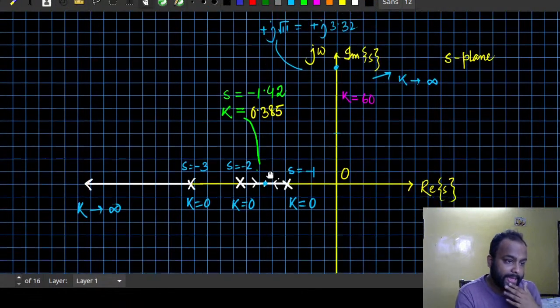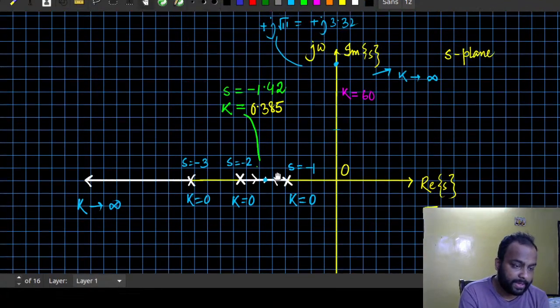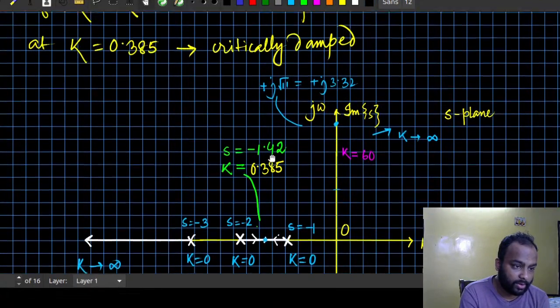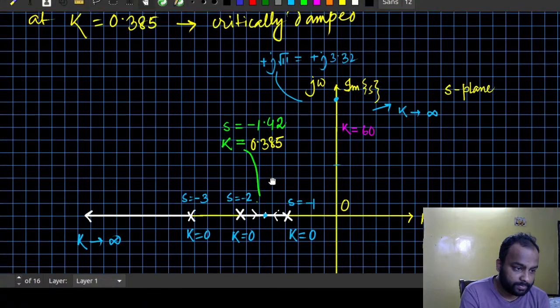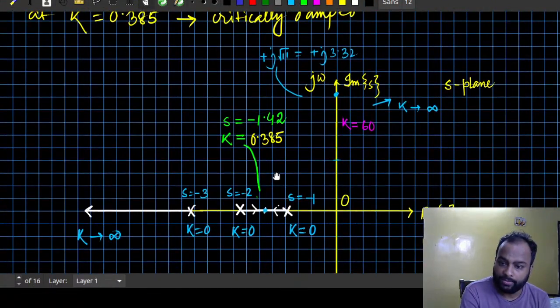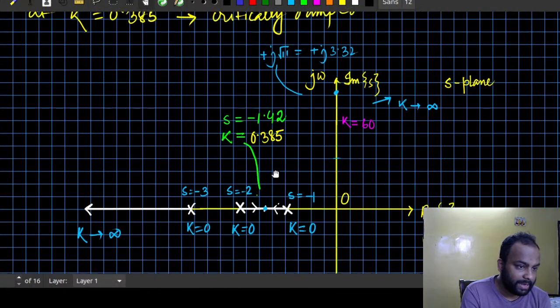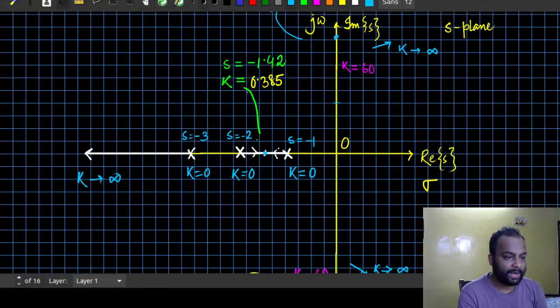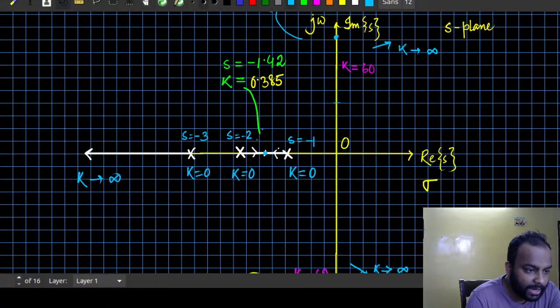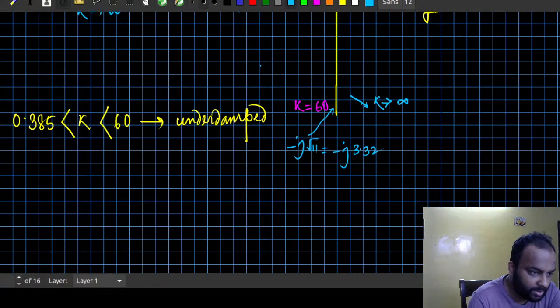Really speaking, this was a bad drawing from the get-go. My bad. So let's dump the entire drawing and let's make a better one.